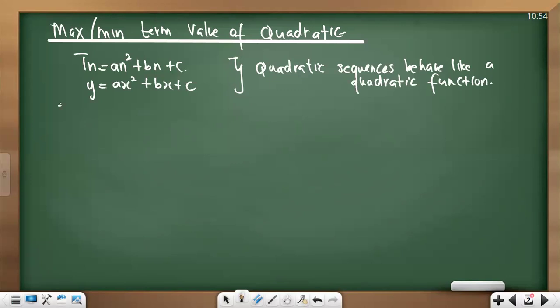If a is greater than 0, the possible shape that I'm gonna get will be like this happy face. If a is less than 0, I'm gonna have the maximum. So here it is the minimum, and here it is the maximum. Let's check something.